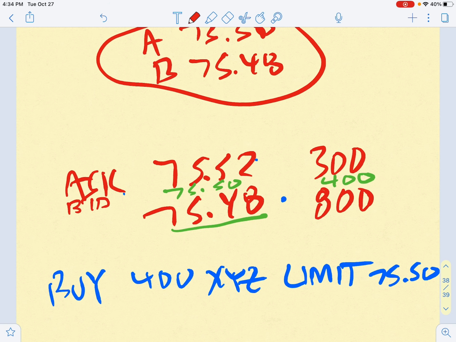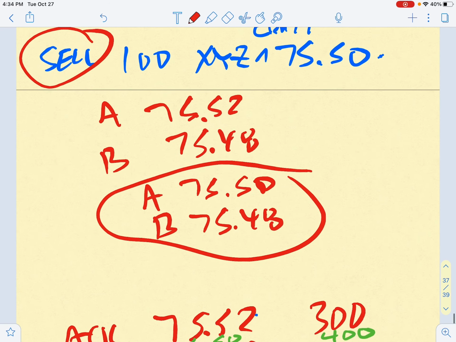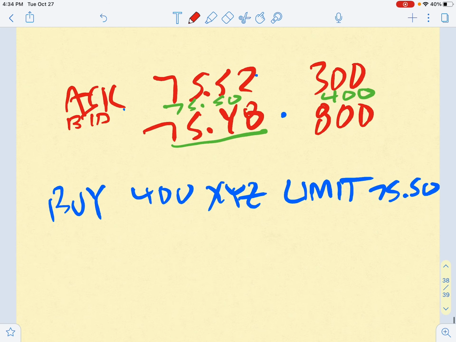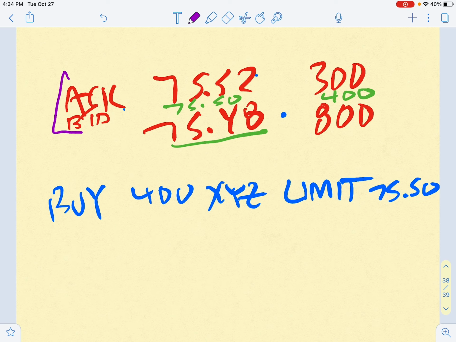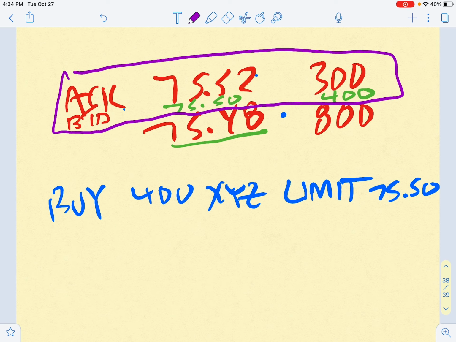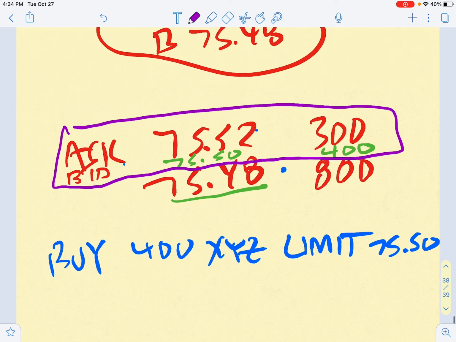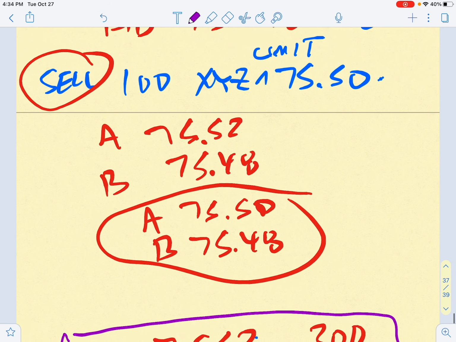So the quotes after the arrival of this in the market limit order to buy change to become this. I'll put the size in there too. Okay? So that's an example of what happens when we have in the market limit orders.